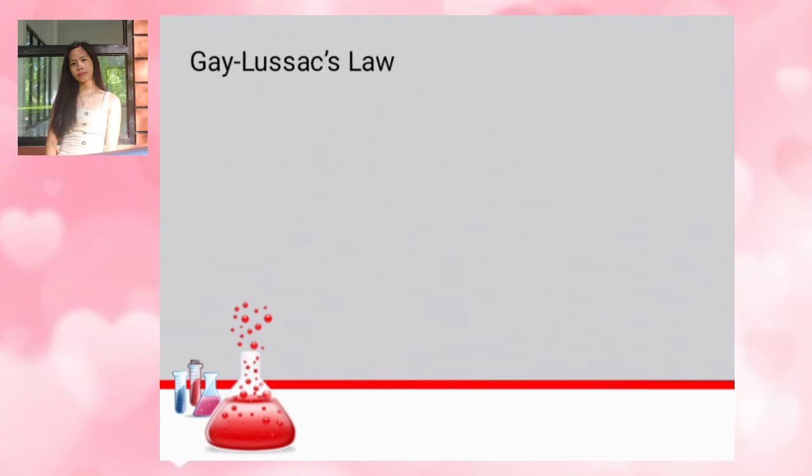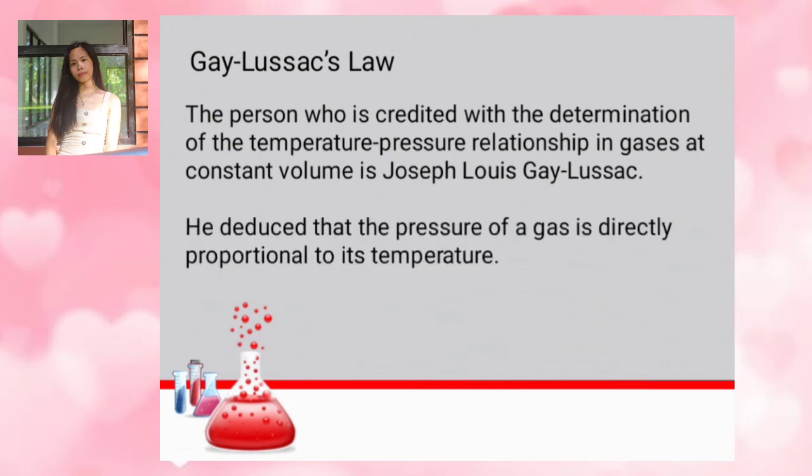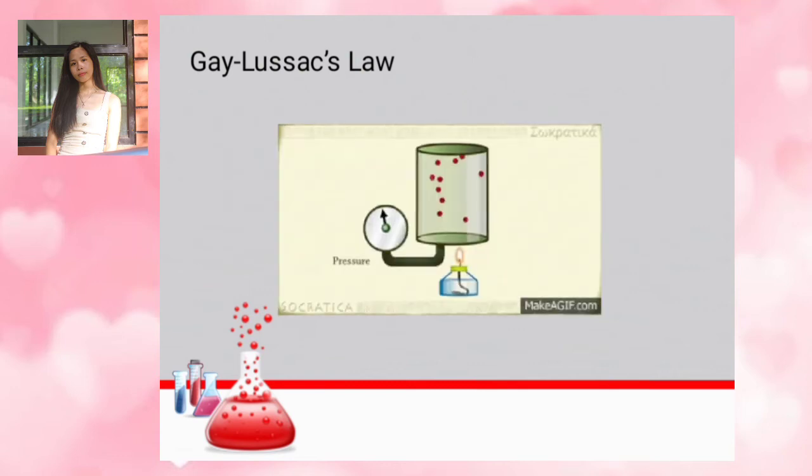Gay-Lussac's law. The person who is credited with determining the temperature-pressure relationship in gases at a constant volume is Joseph Louis Gay-Lussac. He deduced that the pressure of a gas is directly proportional to its temperature.